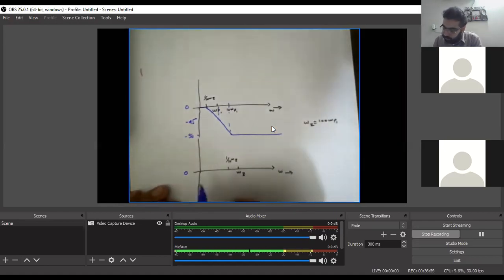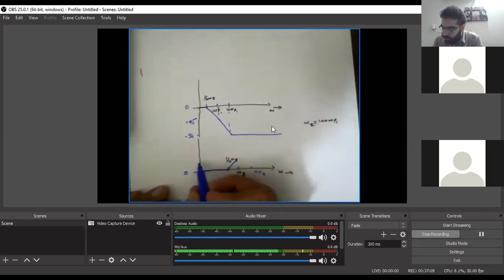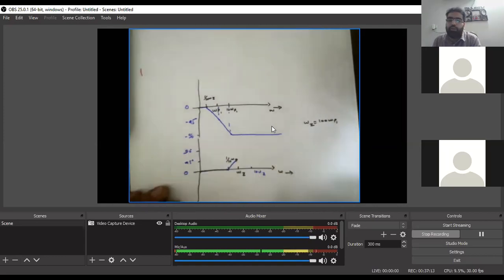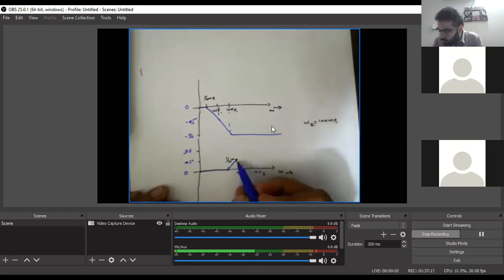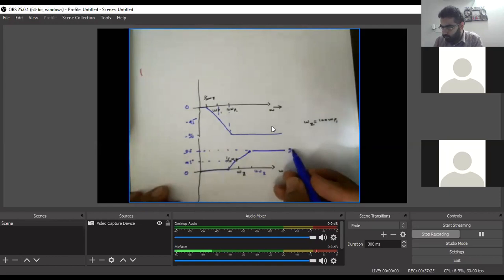If we talk about the zero, it will continue till 1 by 10 omega z. This is 10 times. So it will go towards this point at 45 degree and then again 90 degree. Because it's a zero, the trend is going to be on the positive side, so a positive angle. It will continue till 90 degree at this point, and then it stays at 90 degree.